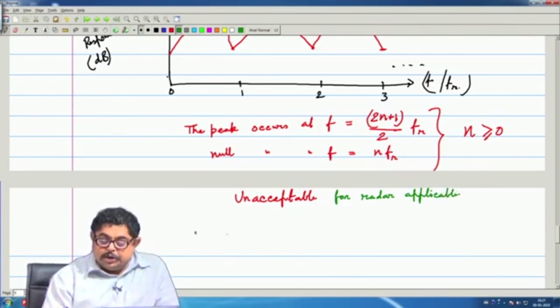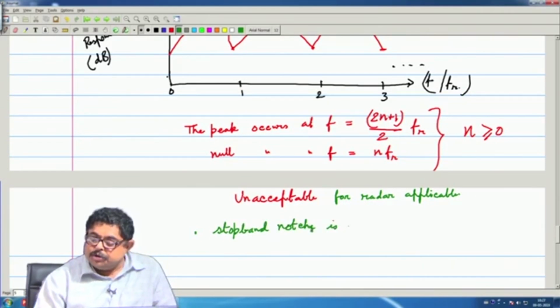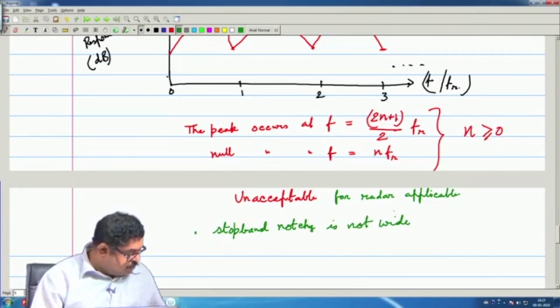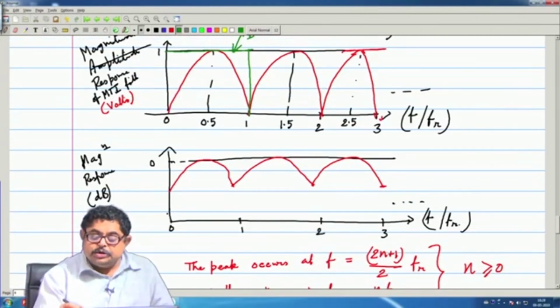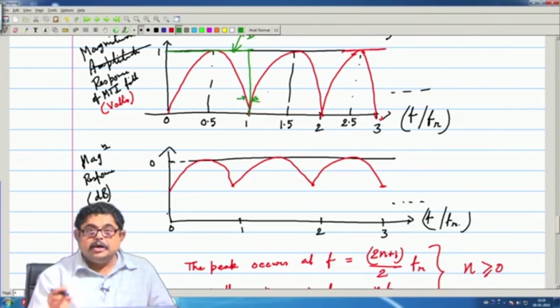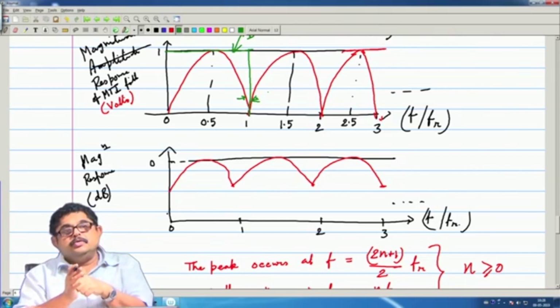And what are our problems? That the stop band notch is not wide. What do we mean by this? You see that this notch, this is the stop band notch. If it had been wider, more and more clutter would get removed.